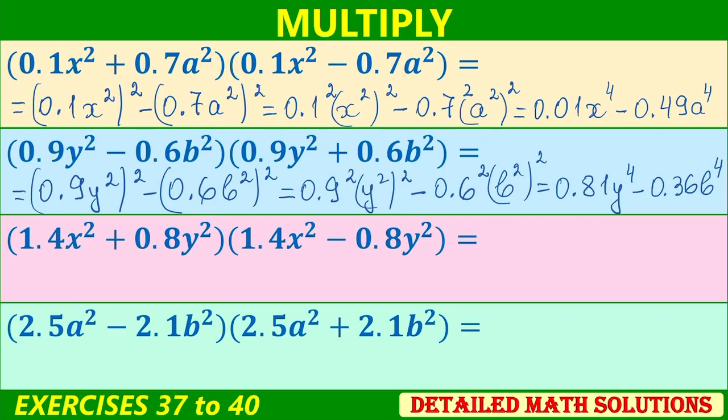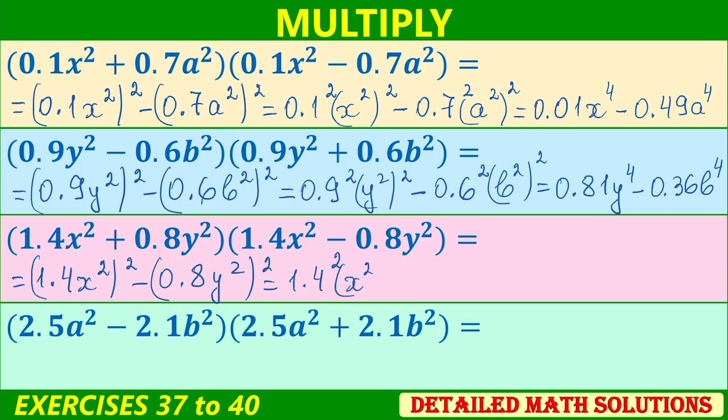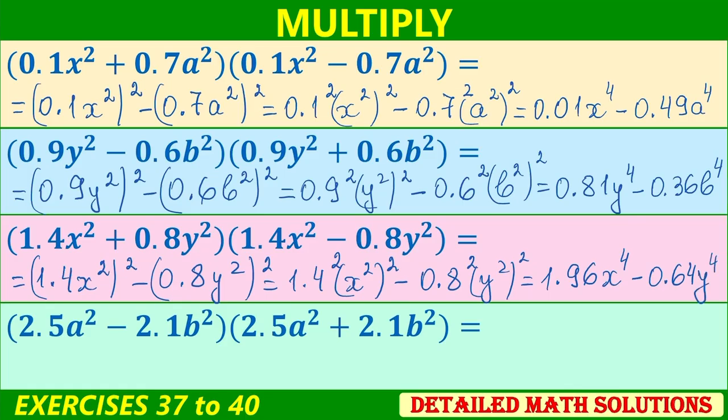This equals (1.4x squared) squared minus (0.8y squared) squared, which equals (1.4 squared x squared) squared minus (0.8 squared y squared) squared, which equals 1.96 x to the fourth power minus 0.64 y to the fourth power.